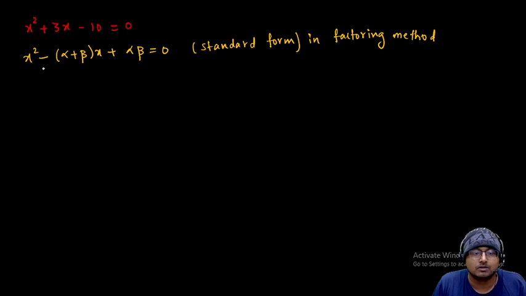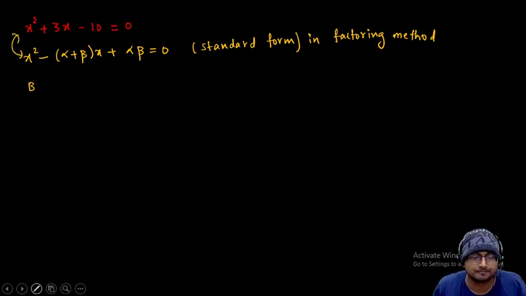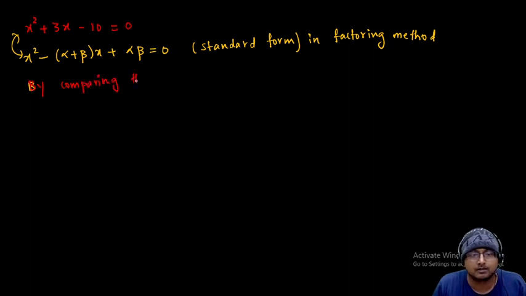Okay, so by comparing the two equations, this one and this one, what are we going to get? Coefficient of x square is 1, correct?